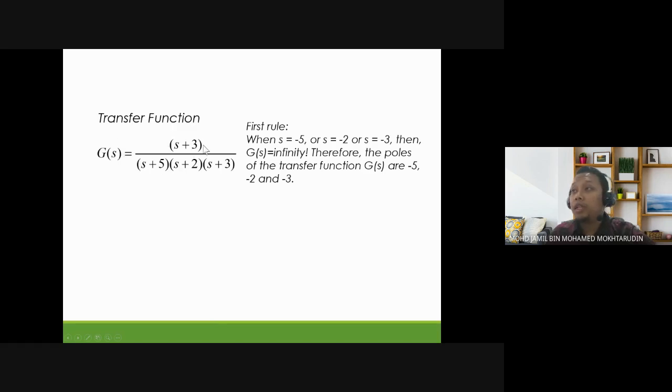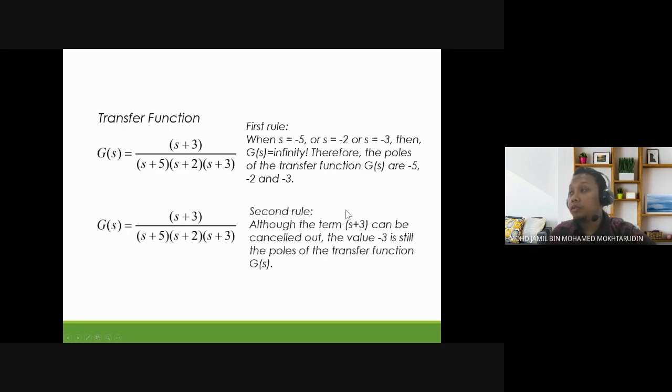G(s) will become infinity if the denominator equals 0. The values of s that cause the denominator to become 0 are s equals minus 5, s equals minus 2, or s equals minus 3. So the poles of this transfer function are minus 5, minus 2, and minus 3. There are 3 poles in this transfer function.